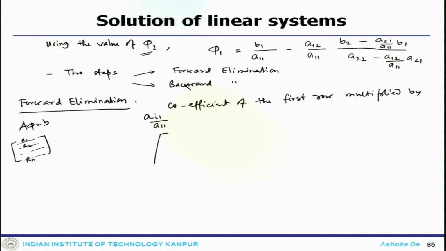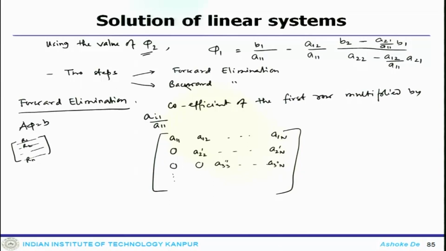Then the resulting matrix would look like this: A11, A12, and so on up to A1n, then 0, A22 prime, up to A2n prime, then 0, 0, and the third row could be A33 double prime and so on up to A3n double prime.